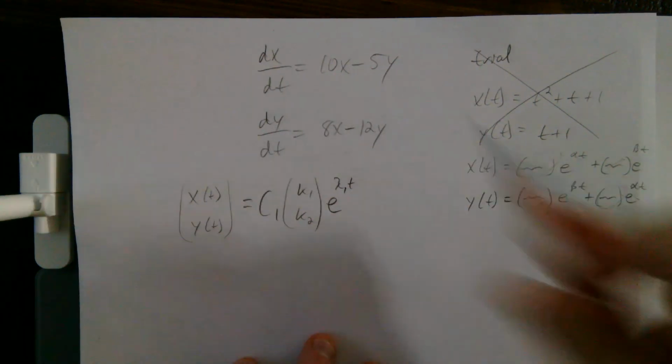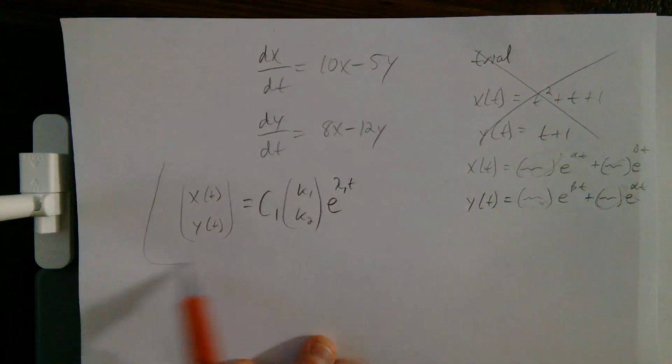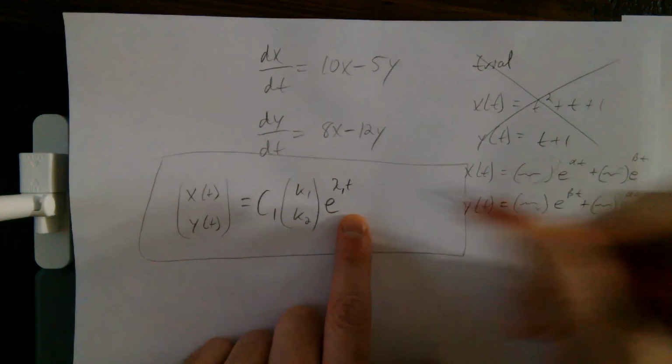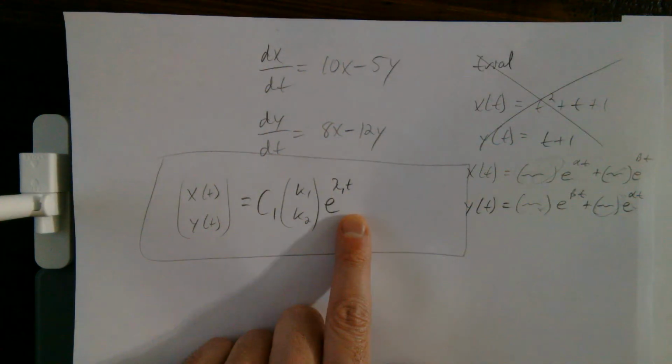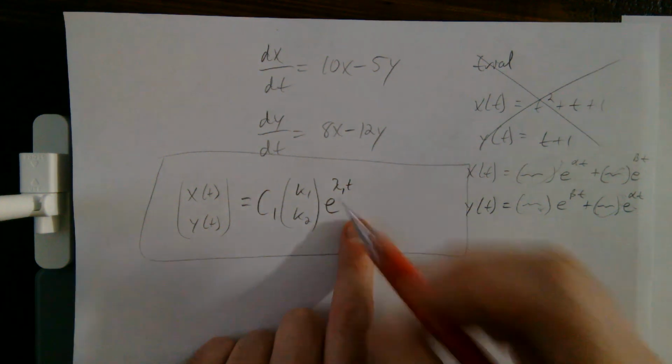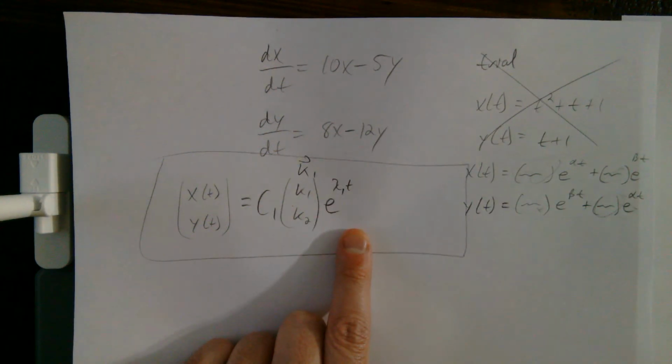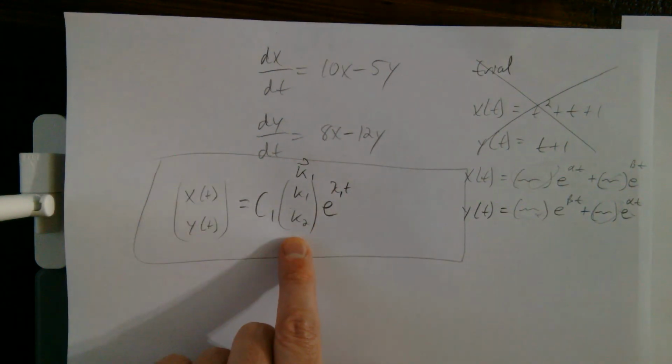There are various methods of solving the system, but the general solution we want to use will be this. We're going to determine the characteristic equation, and the roots of the characteristic equation will give us our eigenvalues. And each eigenvalue will have an eigenvector associated with it. We can call that eigenvector 1, which has components 1 and 2.